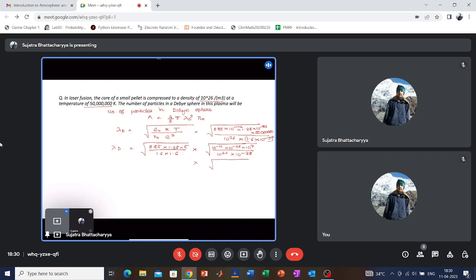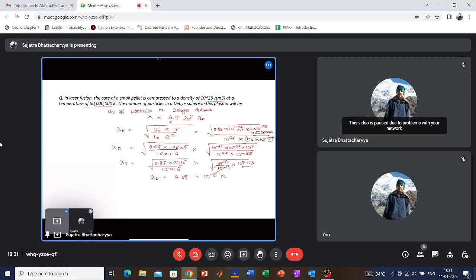So this 10 to the power minus 12 and 10 to the power minus 12 can be chopped out, and what remains is 10 to the power 7 minus 23. This is 8.85 into 1.38 into 5 divided by 1.6 into 1.6, and if we write it properly, lambda D is actually 4.88 into 10 to the power minus 16, so root, 10 to the power minus 8 meters.